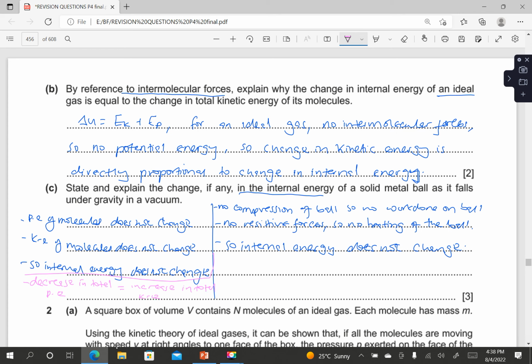Of course, when the ball is falling, it speeds up. So a decrease in total potential energy will be equal to an increase in total kinetic energy. But there is no external energy supplied.